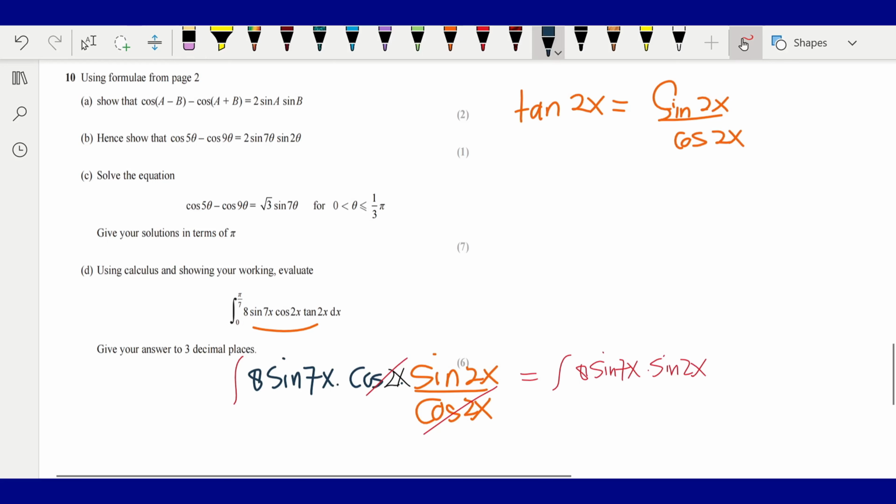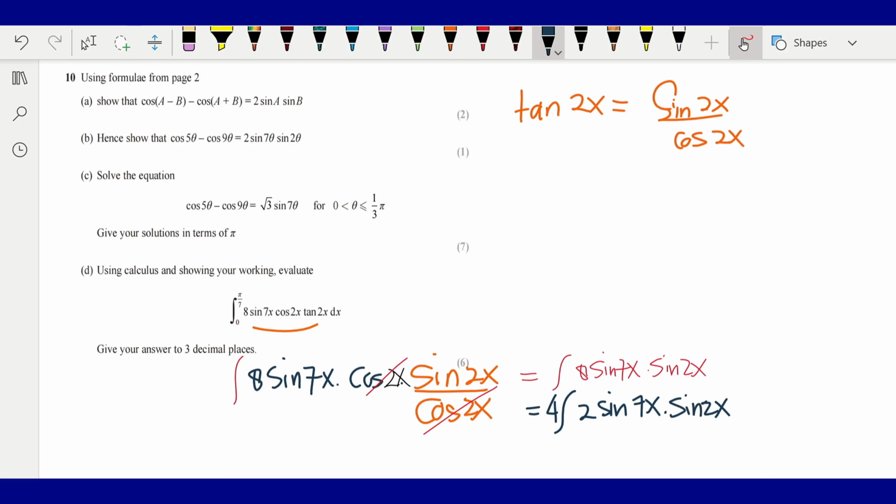Now we separate the 8 into 4 times 2, so we take out the 4 here, and we have 2 sine 7x sine 2x.